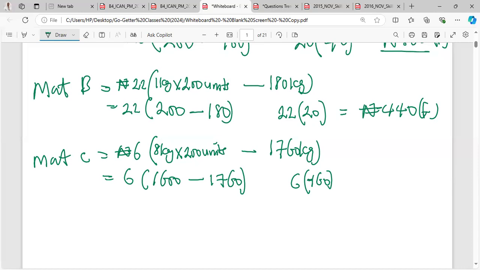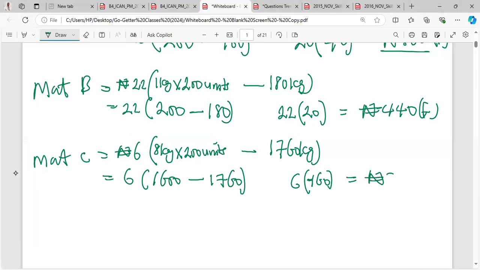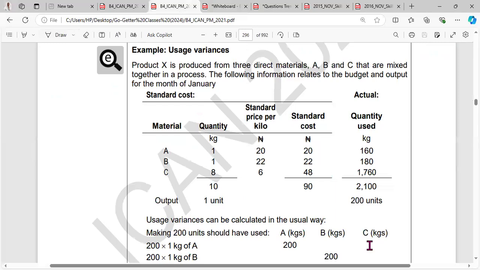So 160 multiplied by 6 gives me 960 adverse. So if you see here, this is the 960 adverse we have here.